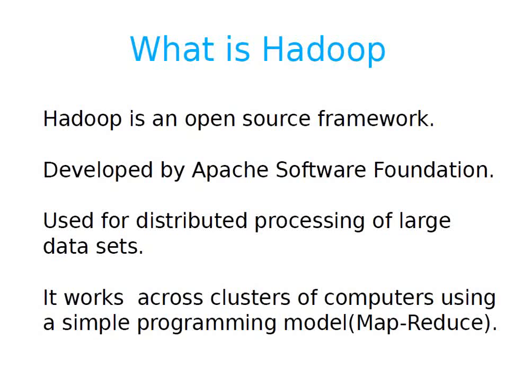The master machine gives instructions to the slave machines to do some particular work, and the slave machines are the machines which are working for us. So that was all about the architecture of Hadoop, you can say the master-slave architecture.